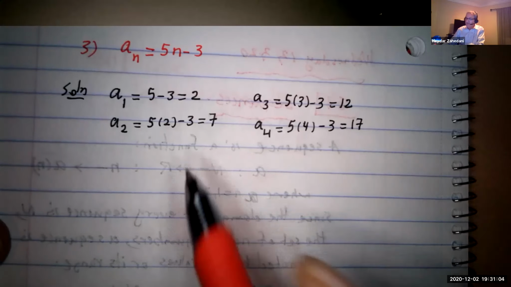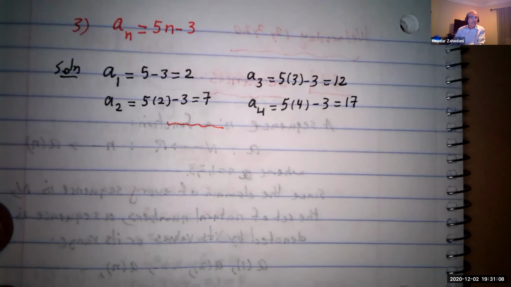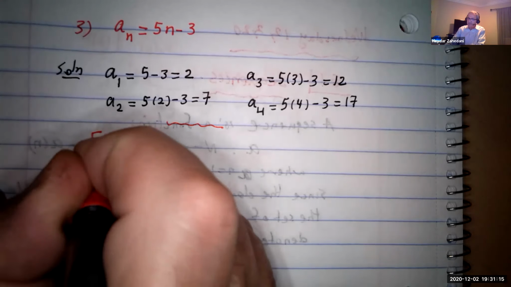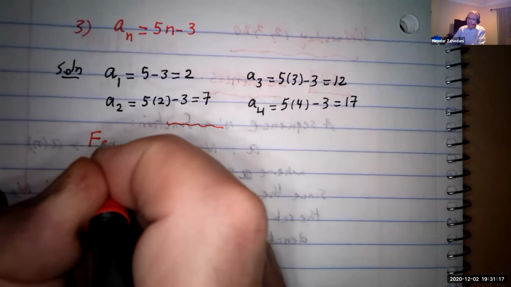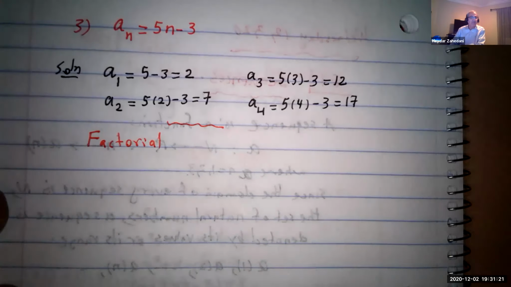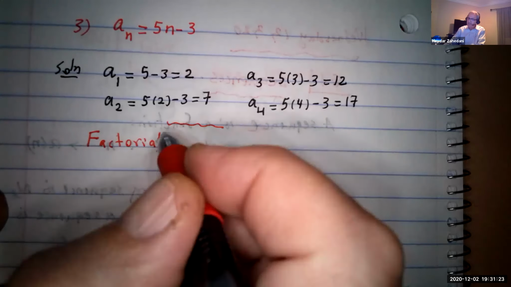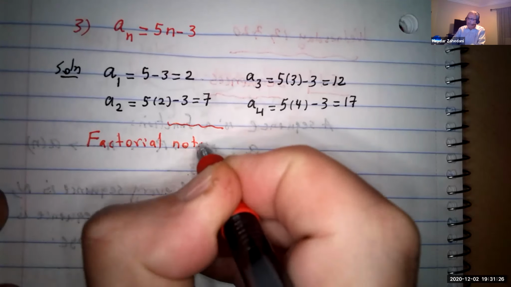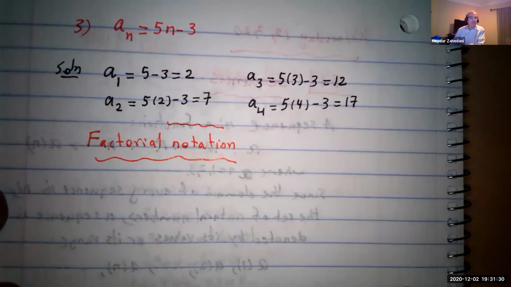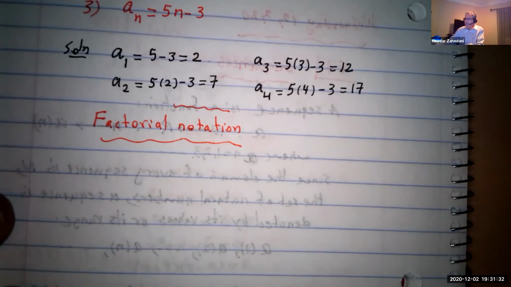You may have heard about it, but you must know it, so we may be given some problems related to this one. What is factorial notation? This is how we're going to define the factorial notation.